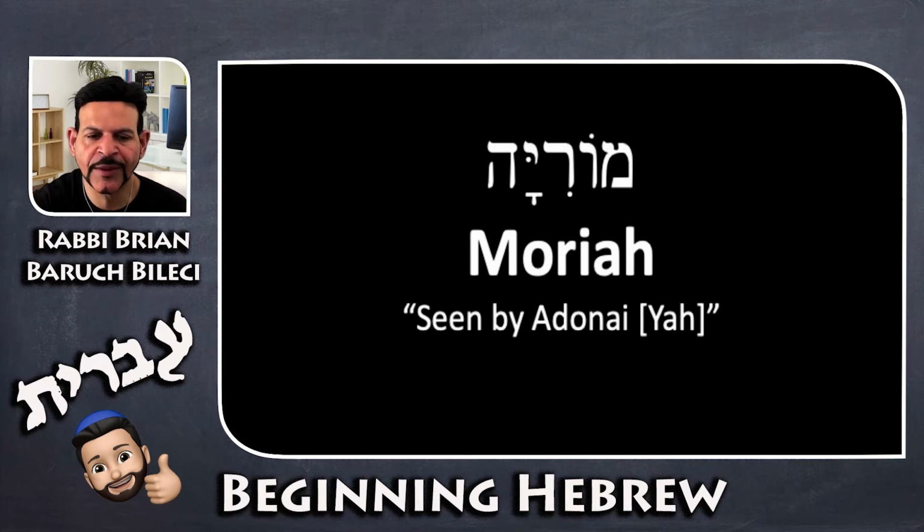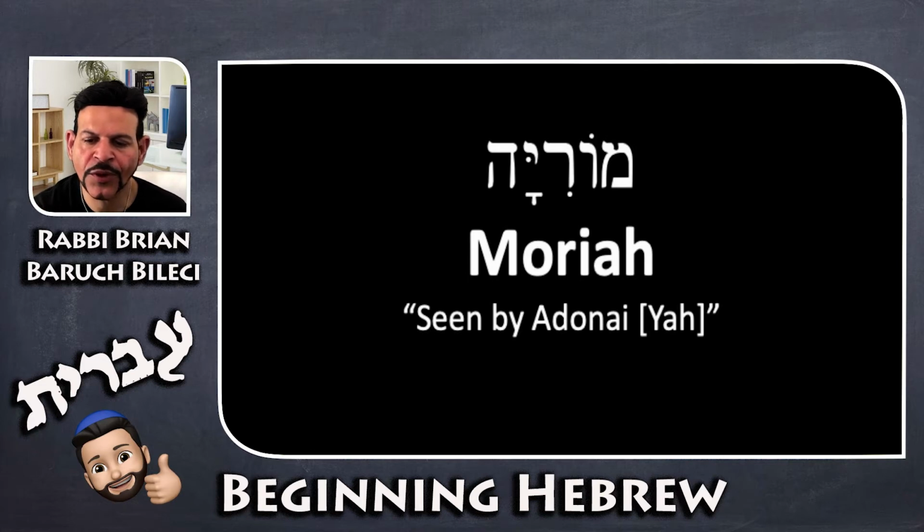So we see that Moriah is the mountain in which it shall be seen. So you can even understand the root from which it will be seen. The noun Moriah as a name is coming from the root Ra'ah.